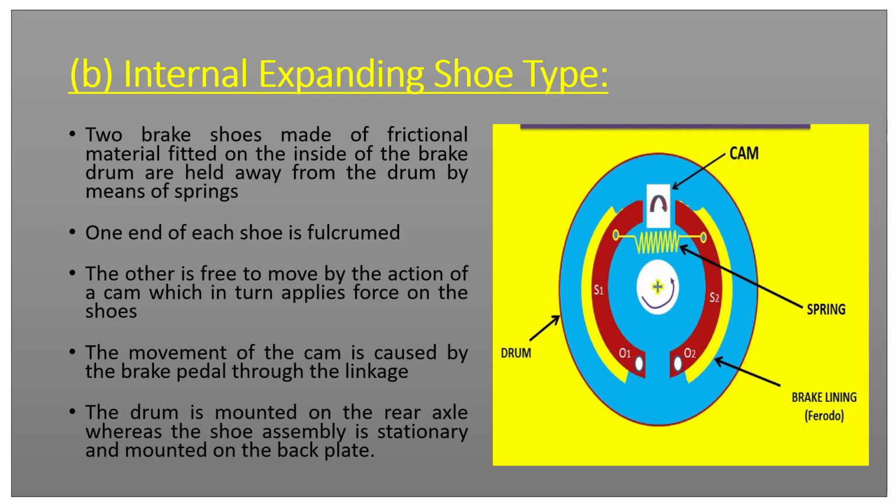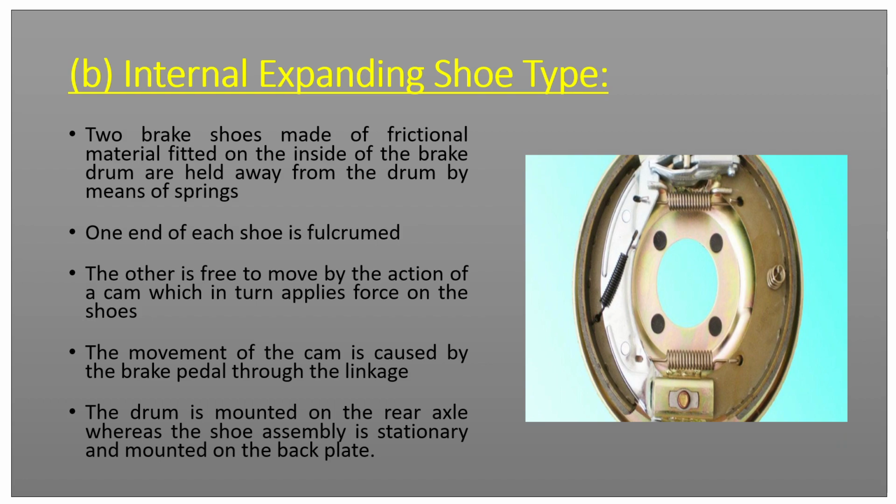When we release the brake pedal, due to the spring action, the shoes come back to the initial position, that is, they contract. Since the shoes expand inside the system when the brake is applied, it is named the internal expanding shoe type system. This is how it actually looks.